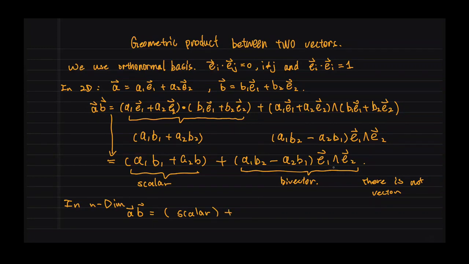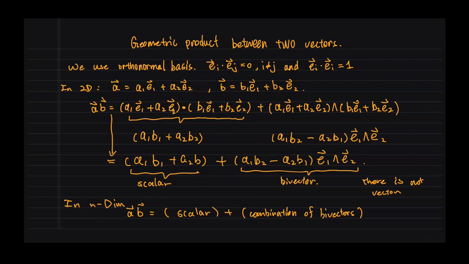And since you have more than one bivector basis, you will have a combination of bivectors, but you will not have a vector. You will not have a vector back.